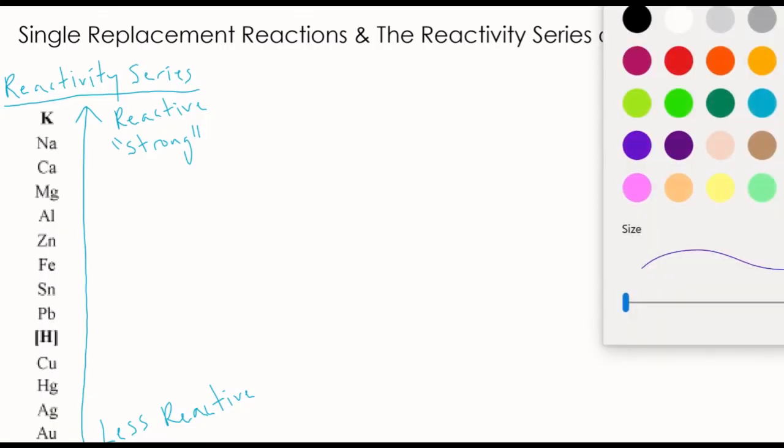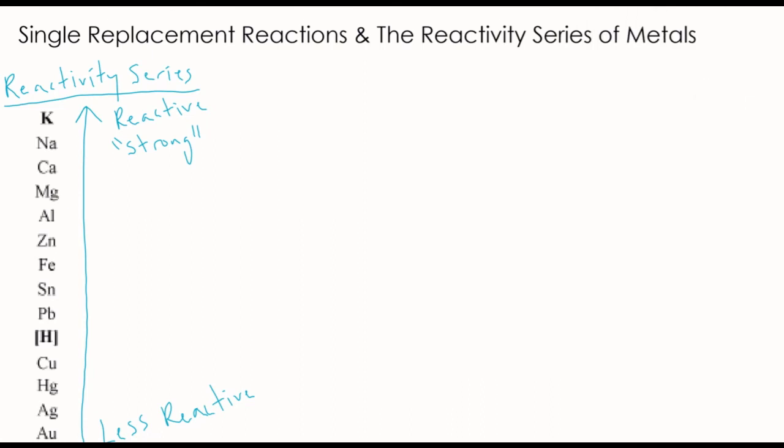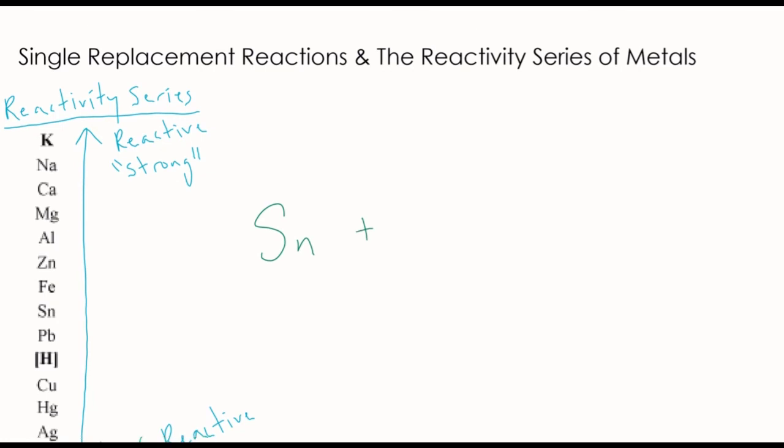All right, and one last example for you guys to think about. So if I have tin, Sn, and tin is attacking some sodium sulfate, will this happen? Yes or no? Take a second, think about it.